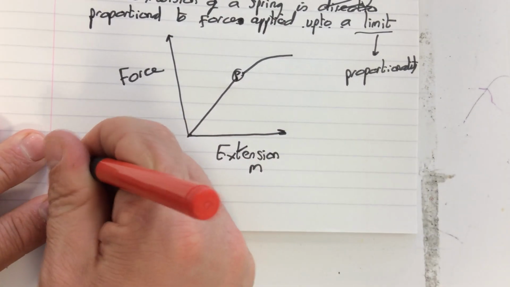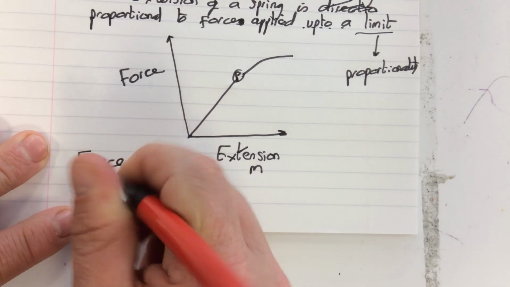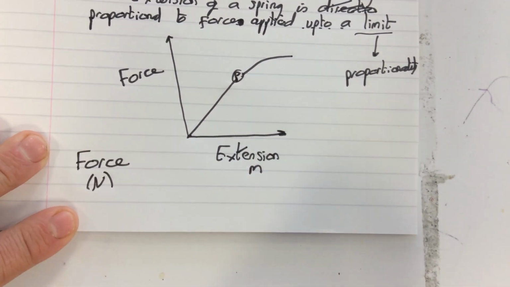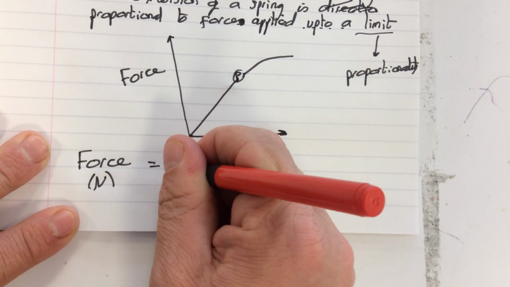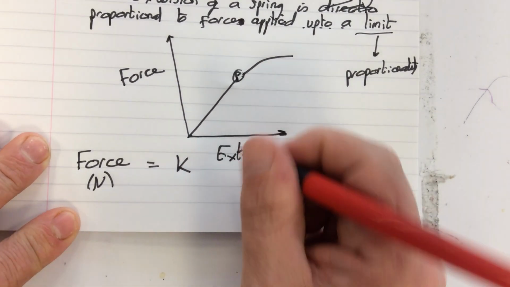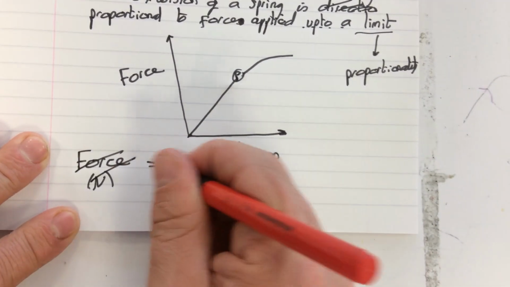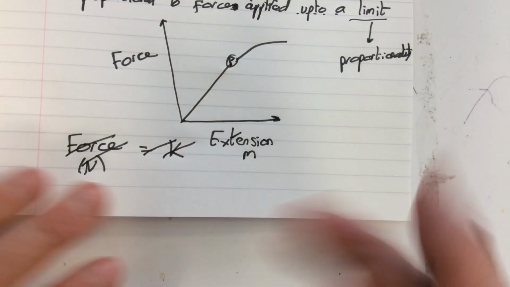Okay, Hooke's law, it's important to remember that the force in newtons is equal to something called K, which, let me write that somewhere with a bit more space. So sorry about that.